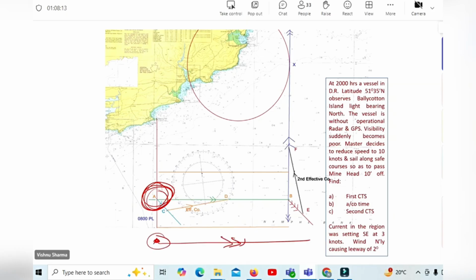Suppose instead of here, you're somewhere again here, then what happens? Outside the safety margin. Correct. So you're just trying to make a beginning from the best possible point, right? This A is the best possible position that you can use. The moment you leave A, then there is no end to these possibilities, na beta? Yes, sir. Okay. Understood, sir.